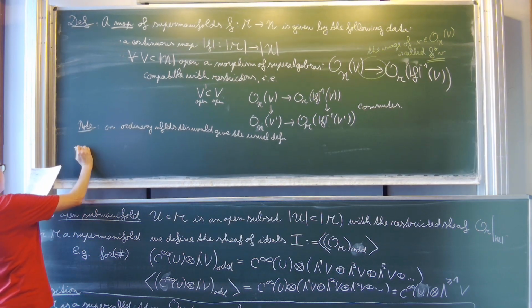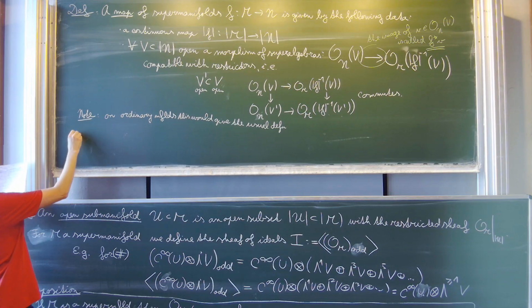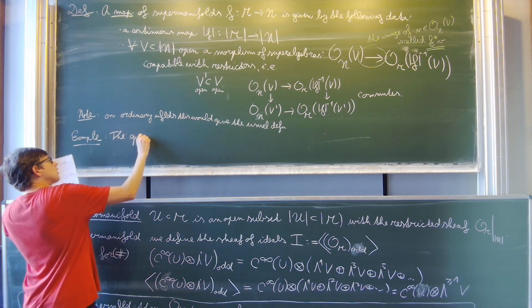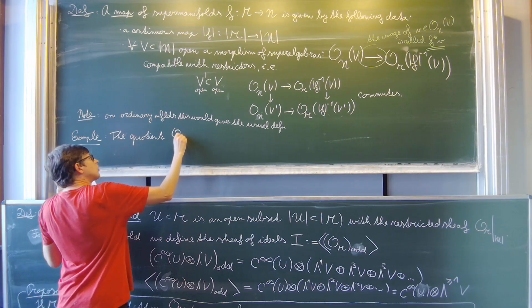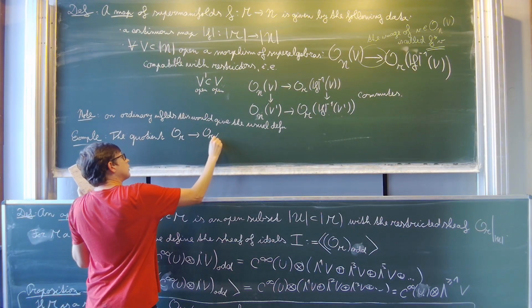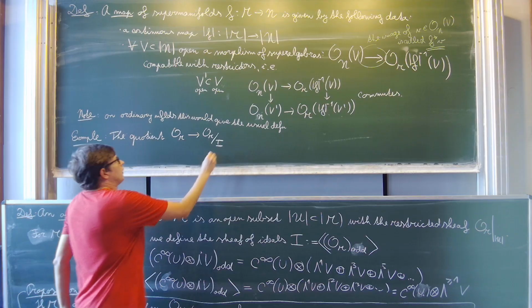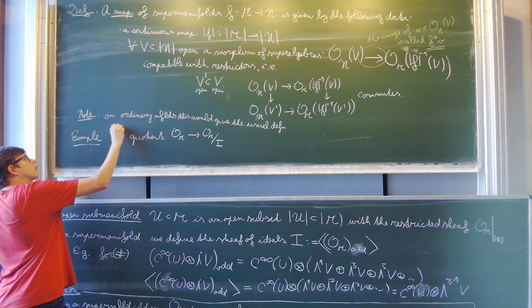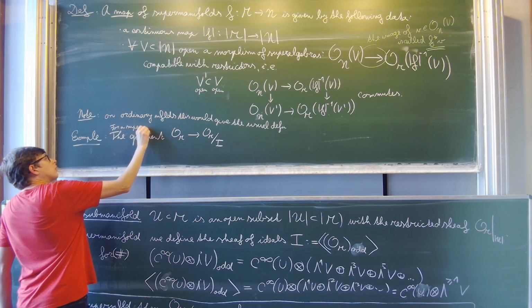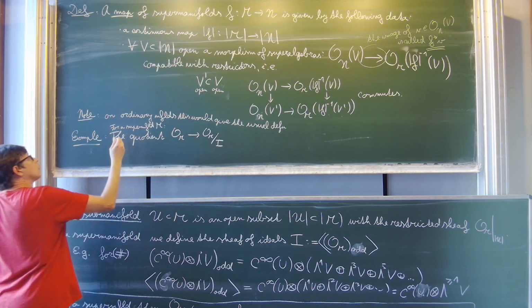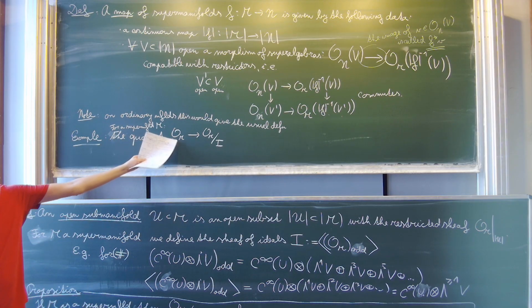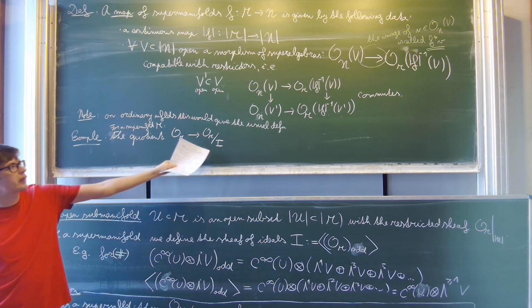But what I wanted to say at this point is a nice example of a map: we have this quotient. If you remember, for a supermanifold M, this was the structure sheaf of functions on the supermanifold, and this was the functions on the reduced manifold.